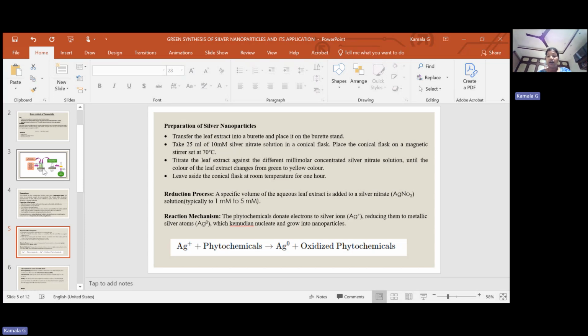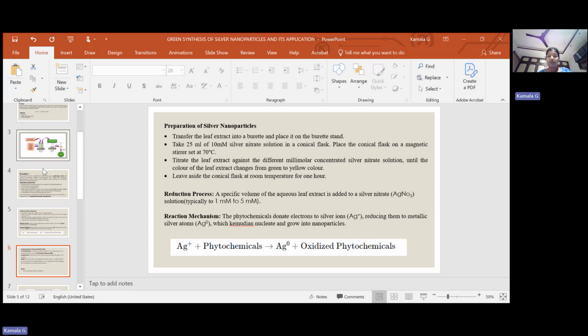After complete mixing of this solution, slowly, drop by drop, add the neem extract. Once the reducing property is optimized, the phytochemical components donate electrons to silver ions, reducing them to form silver atoms, which then form nanoparticles.